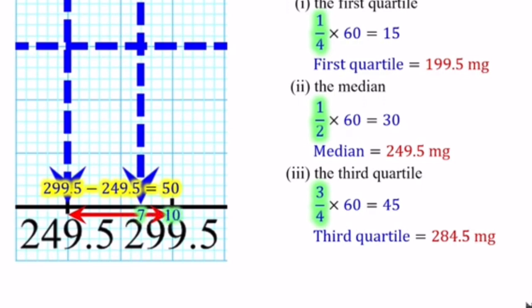So the 35 you have to add to 249.5. Why 35? Because we have 7 small boxes, and each small box is having 5. So 7 times 5, isn't it 35? So 35 you add to 249.5. That is how you get 284.5, right?